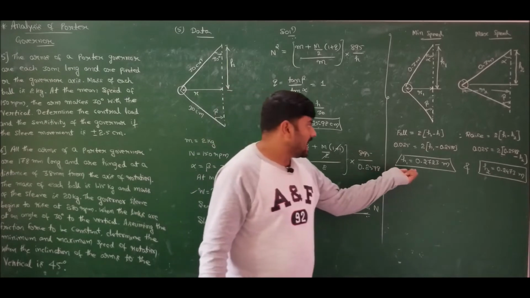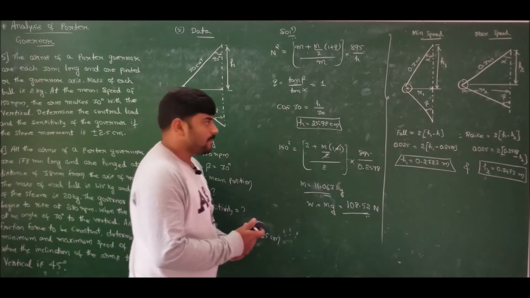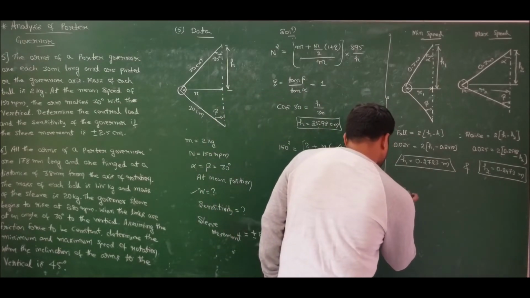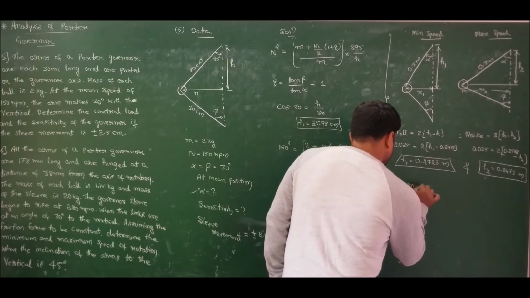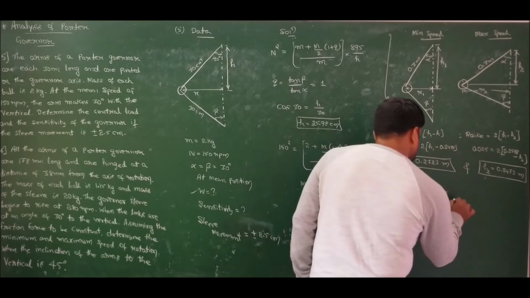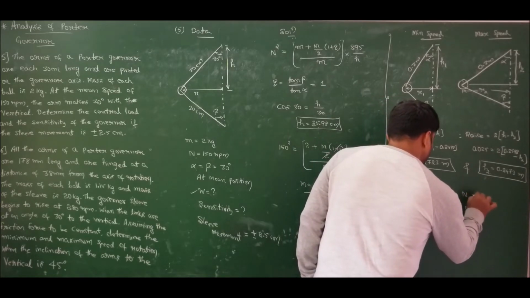Since we have calculated h1 and h2, now I can easily find the values of n1 and n2. So use the formula n square is equal to (m plus M) by m into 895 by h. So therefore I will get the values of n1 and n2.